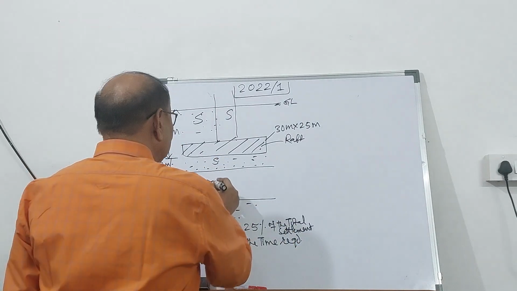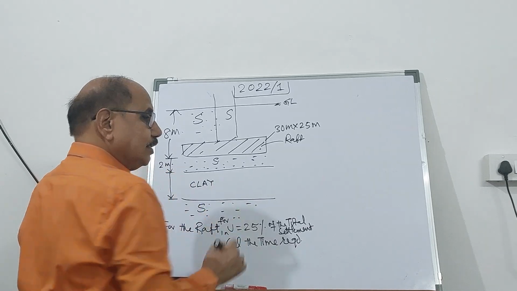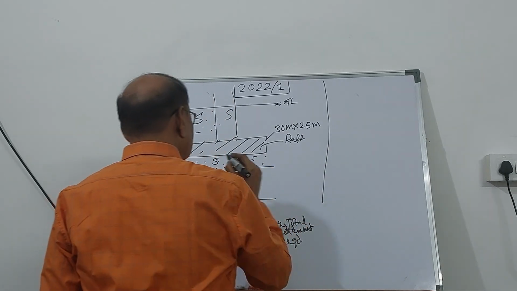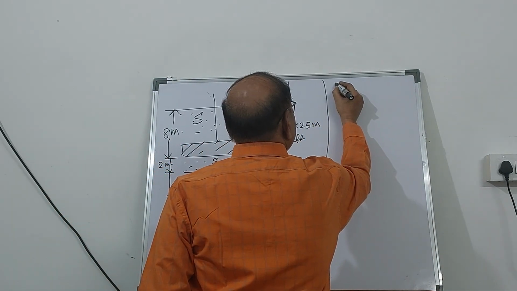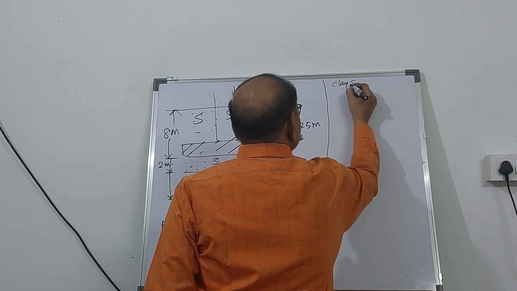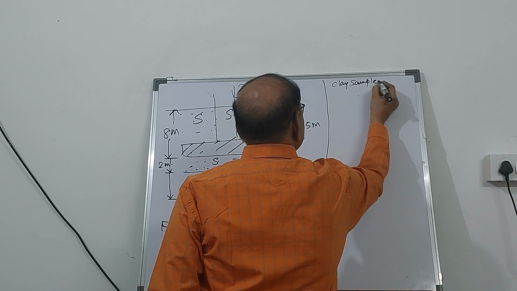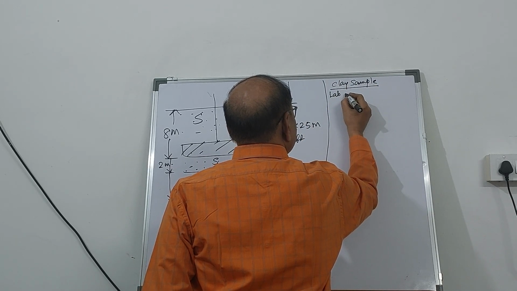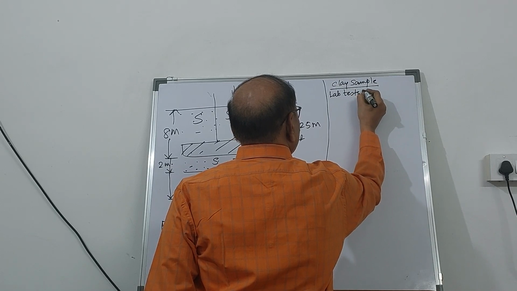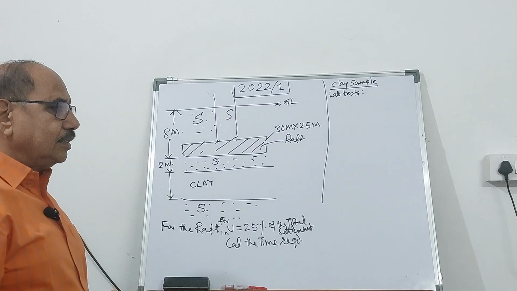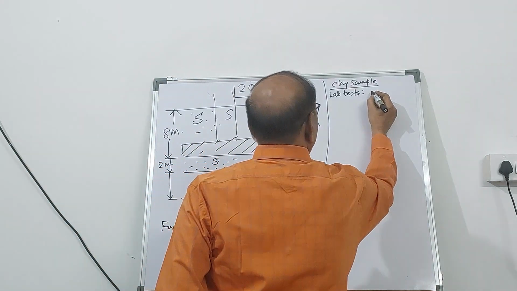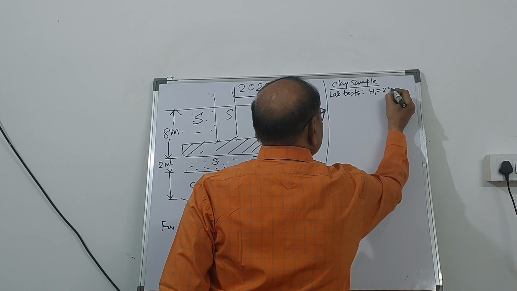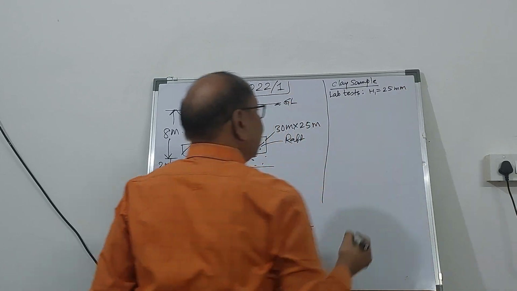Now, a sample has been collected from the center of this clay. So a clay sample has been collected for laboratory investigation or laboratory tests, and the thickness of this sample is 25 mm.